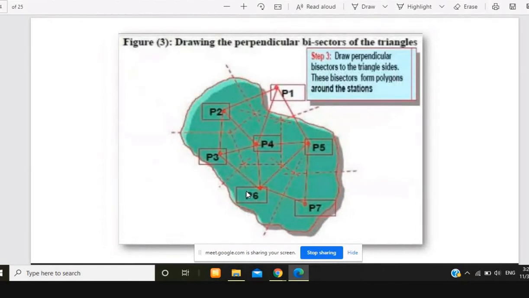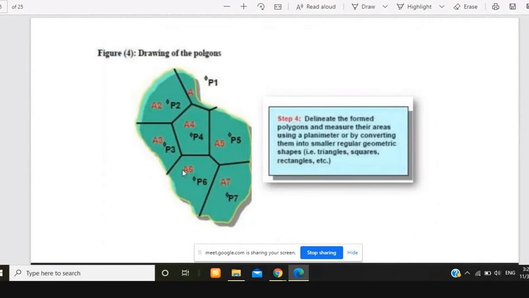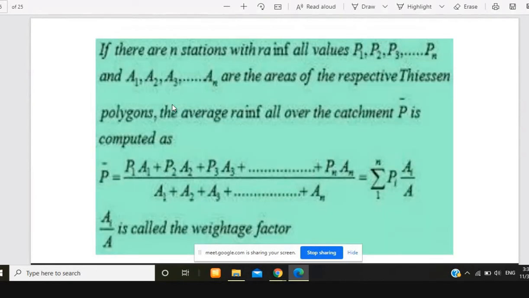Then for each side of the triangles in the network, you draw the perpendicular bisectors, and the area formed by joining these perpendicular bisectors and the boundary will give the Thiessen polygons like this. Once you obtain these polygons, either by planimeter or by measurements on the graph, you find the areas and substitute in this equation.